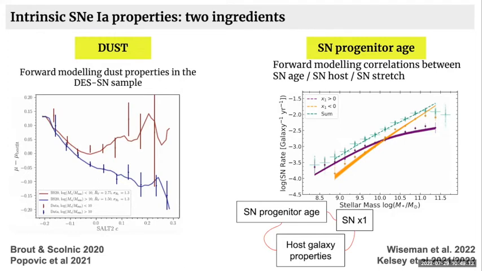And on the more progenitor age side, I invite you to look at the work just published by Philip Weisman and Lisa Kelsey. These are all great references, and our analysis on how we model these intrinsic properties of supernova 1A heavily relies on this analysis. So I invite you to take a look at them if you want to learn more.